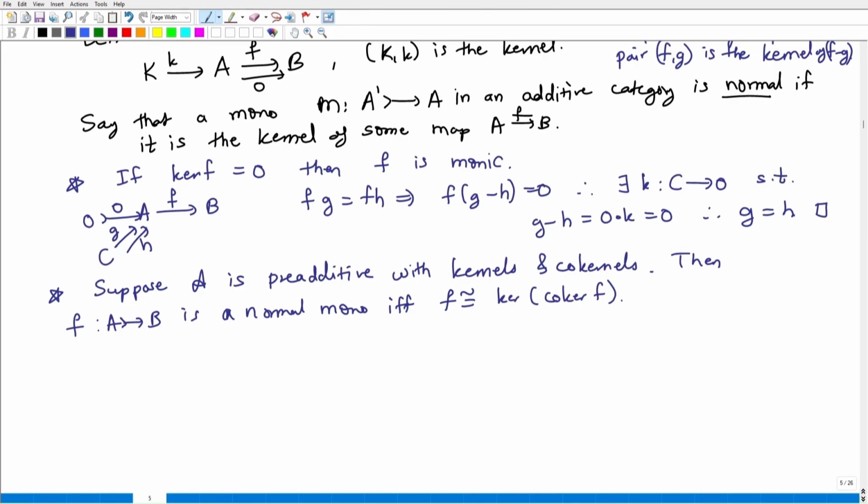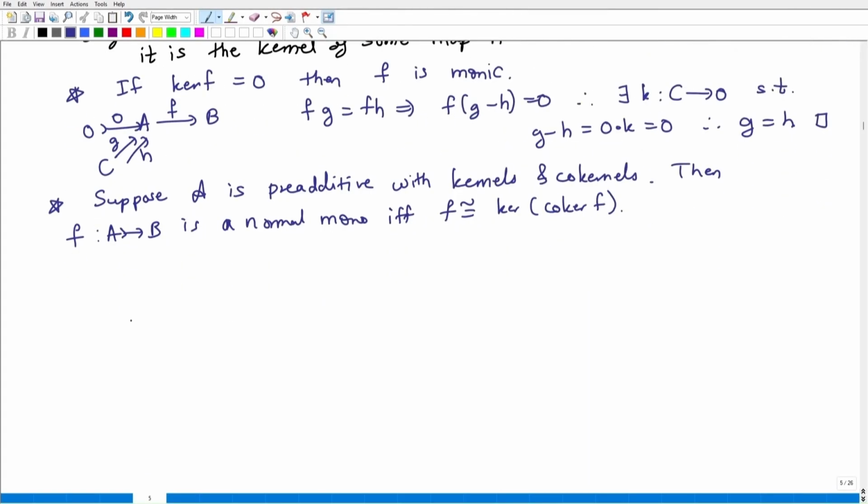There is an isomorphism from A to the domain of the kernel of co-kernel. In simple words, they are isomorphic as subobjects. You know subobjects, subobject posets, preorders, we have seen that.